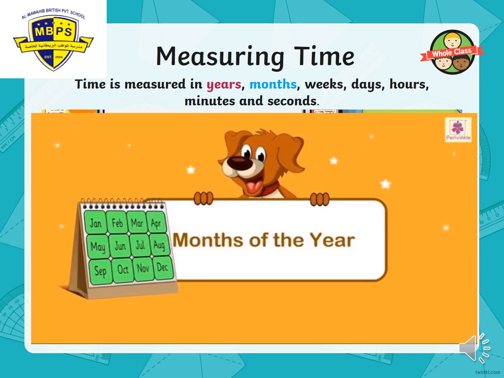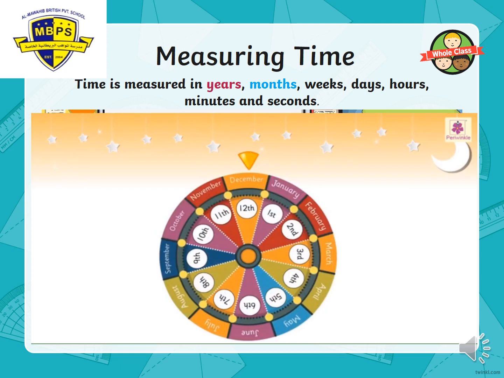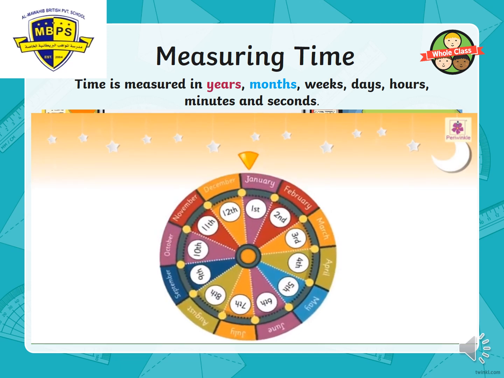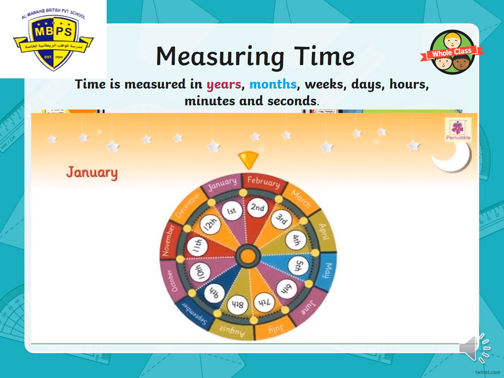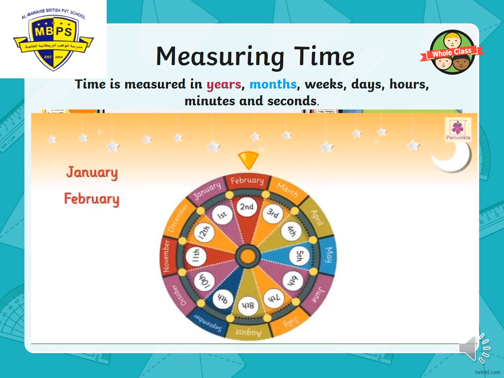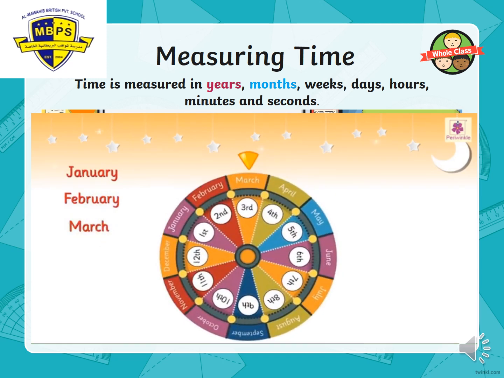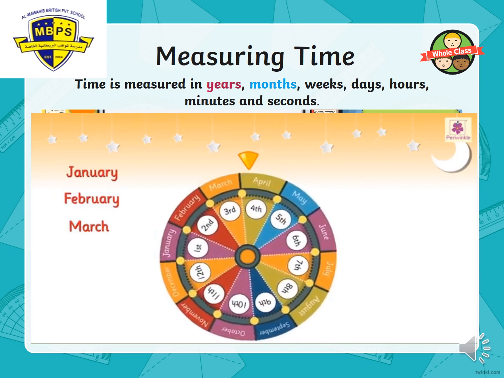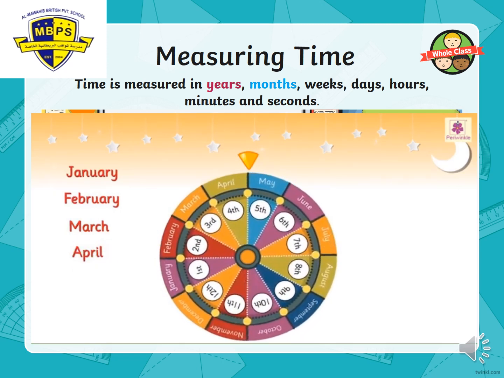Months of the year. There are 12 months in a year. The first month is January. The second month is February. The third month is March. The fourth month is April. The fifth month is May.